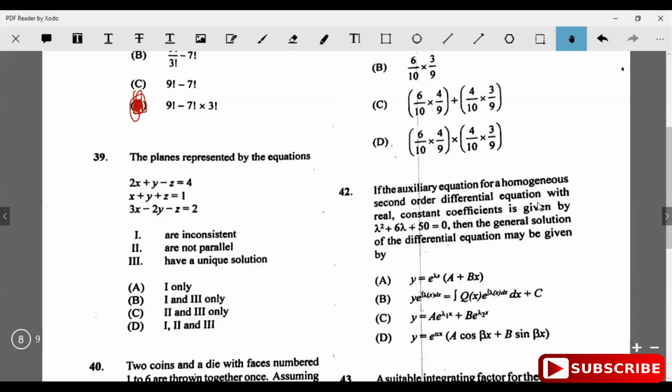The best way to find out if the system is consistent or inconsistent is row reduction. I remember when we looked at it, if you have 0, 0, 0, 0, this tells you the system has infinitely many solutions and is consistent.